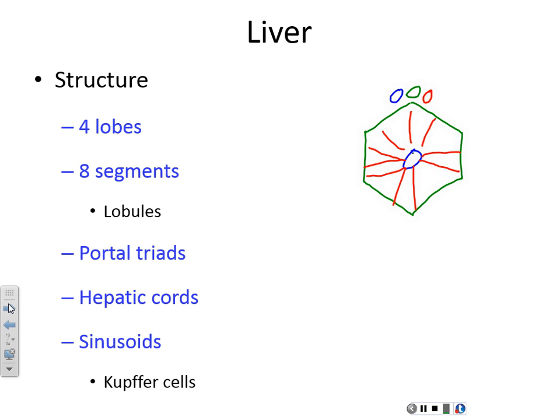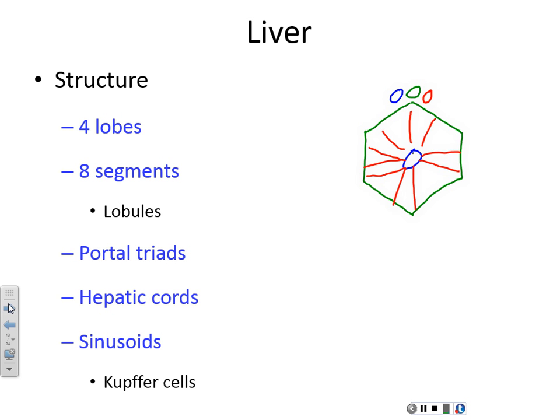All right, and then the sinusoids. This is another thing that might lend itself to those matching questions. I could say, okay, line up the blood flow through the liver, as it comes: the nutrient-rich, oxygen-poor blood through the hepatic portal vein, and then you get the oxygen-rich blood coming in through the hepatic artery branch on the portal triad.